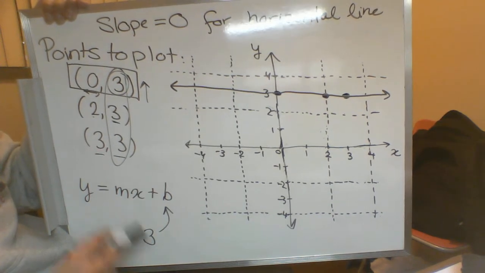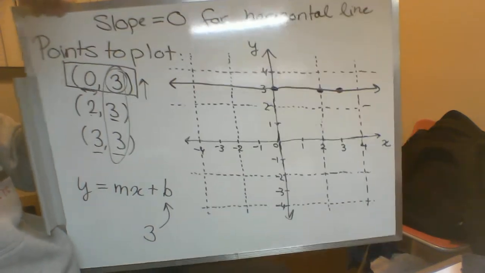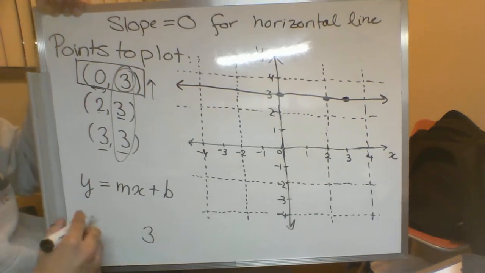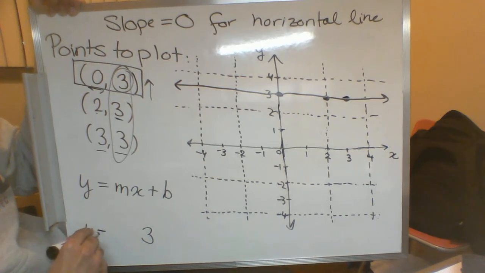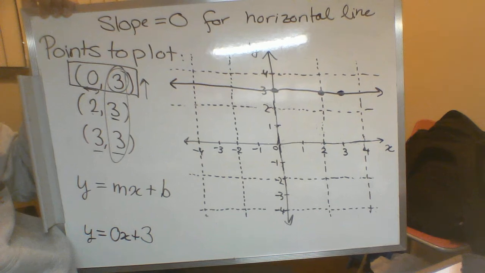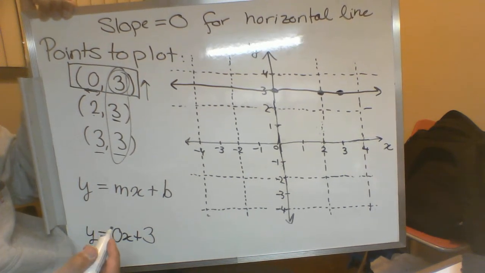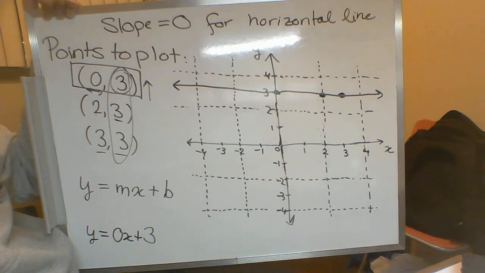So if we've got a slope of 0 and we plug that into this equation, our equation for this line is y equals 0x plus 3. But 0 times x is just 0. 0 times anything is going to be 0.